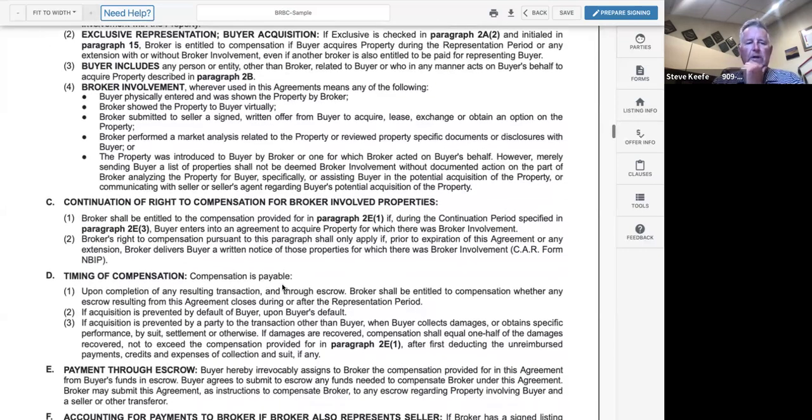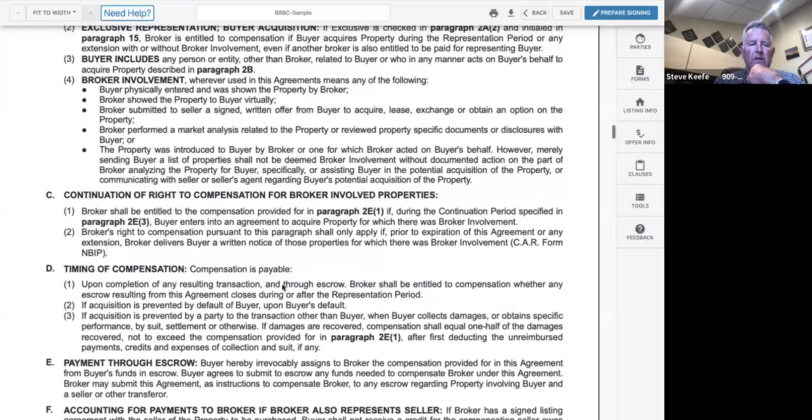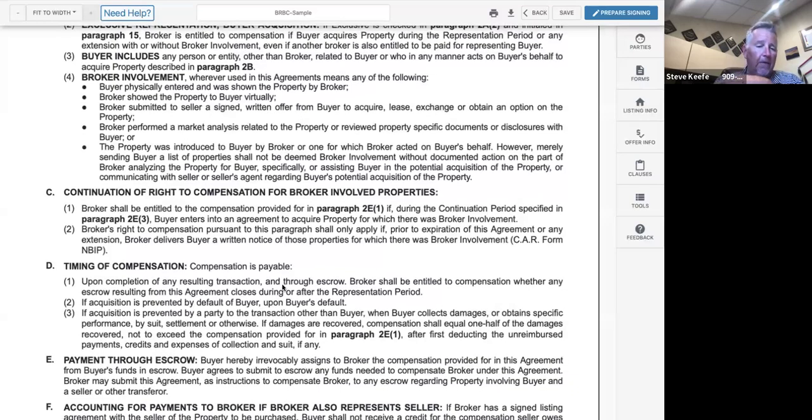Paragraph C, continuation of right to compensation. This is talking about the extended right. The broker has to provide a list of the properties that there was broker involvement in. If it is for a buyer broker agreement that's expiring, then that list needs to be delivered prior to it expiring, or any continuation, like an extension of that.